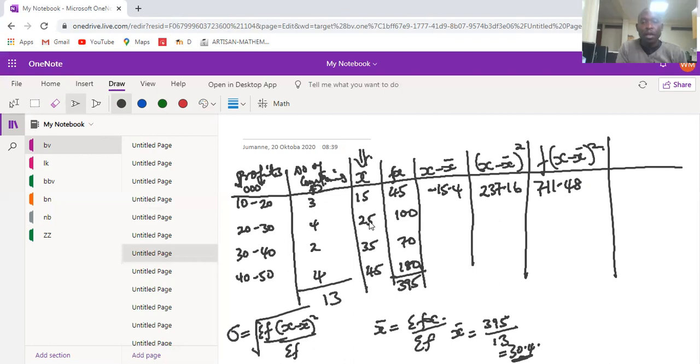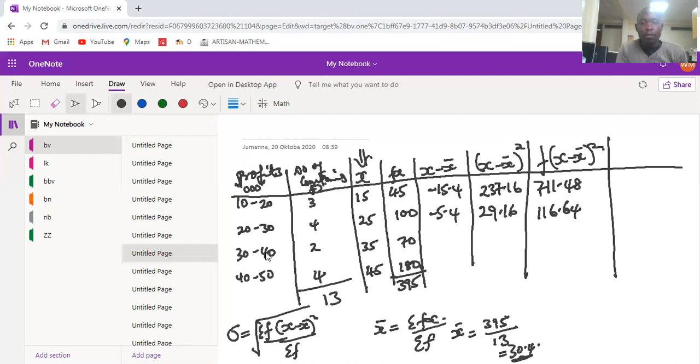You come here, x is 25 minus x bar 30.4, which you get it is negative 5.4. You square that, you get it is 29.16 times f, which is 4 for this class. You get it is 116.64.